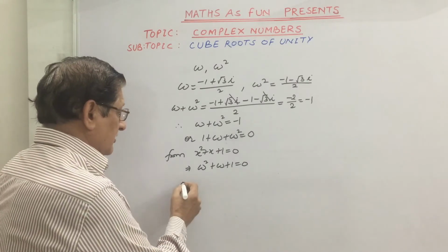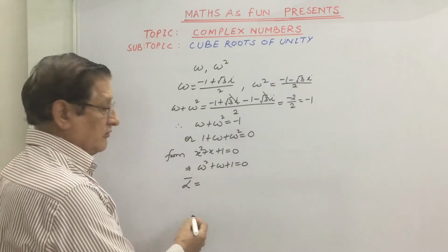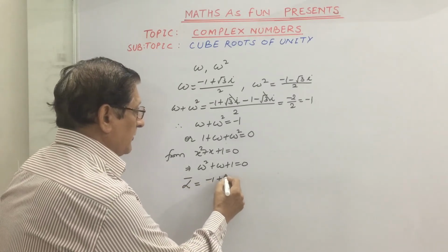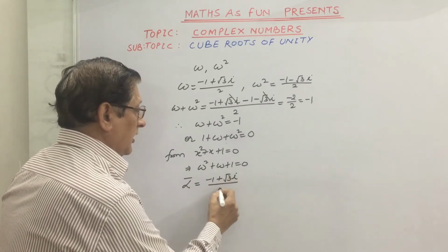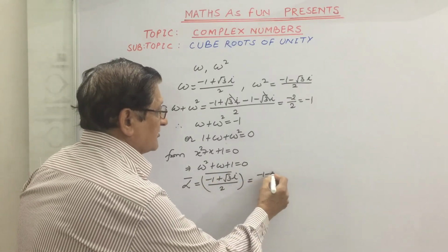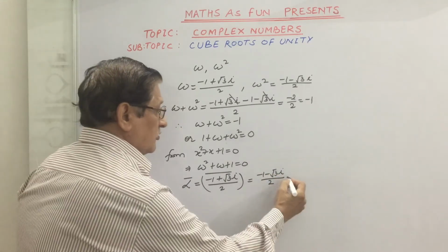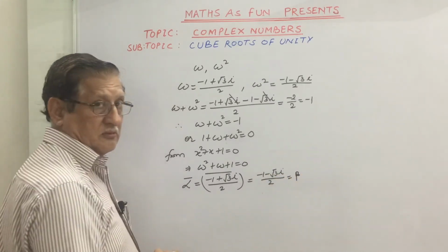We also see one thing, if we find the conjugate of alpha, we know it is minus 1 plus root 3 iota upon 2. The conjugate of this will be minus 1 minus root 3 iota upon 2, which is equal to beta.